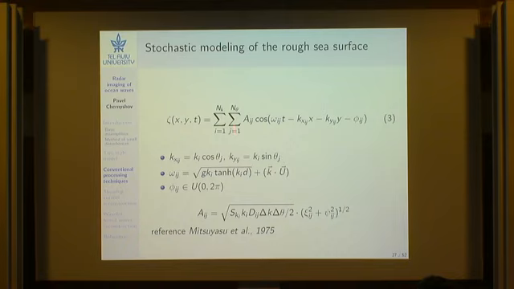The amplitudes are defined in accordance with the spectrum, which consists of the omnidirectional spectrum, let's say the JONSWAP part, and the directional spreading, in accordance with Mitsuyasu et al., 1975. This value is actually a Rayleigh distributed value. I don't like to use it, and I don't recommend you use it either. It's enough to save this random phase, and here to put only 2 multiplied by this thing.